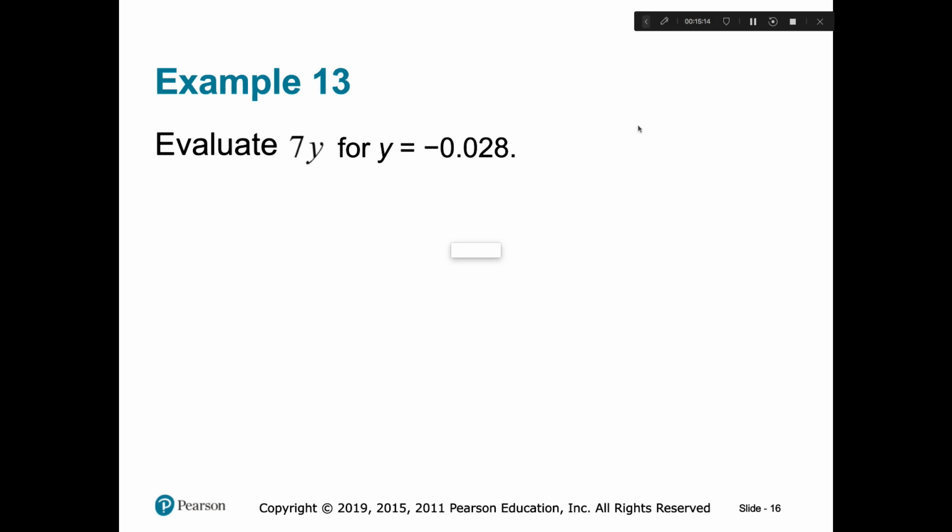I'm going to put my 0.028 on top and my 7 on bottom, because the number with more digits should go on top. It makes your multiplication quicker.